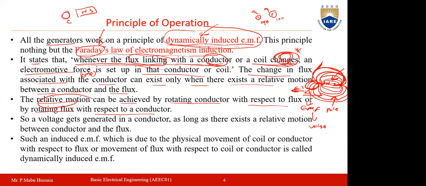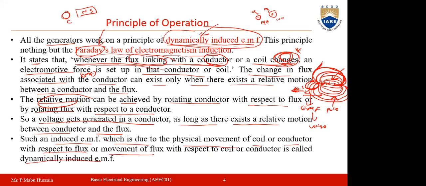Right. So in both cases, EMF will be developed across the conductor. EMF is nothing but voltage, right? So this voltage will get generated in the conductor as long as there exists a relative motion between the conductor and magnetic flux. Such an induced EMF, which is due to the physical movement of the coil or conductor with respect to the magnetic flux, or movement of flux, is called the dynamically induced EMF, as I said before.